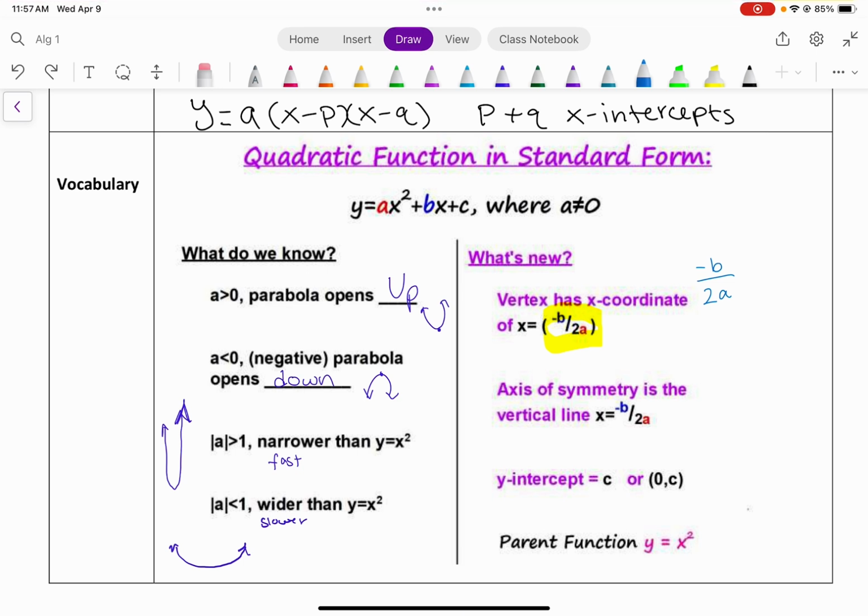Remember that the x-coordinate of the vertex is the same as your axis of symmetry, right? That will cut the parabola in half. The last thing to remember is that your standard form gives you your c value.